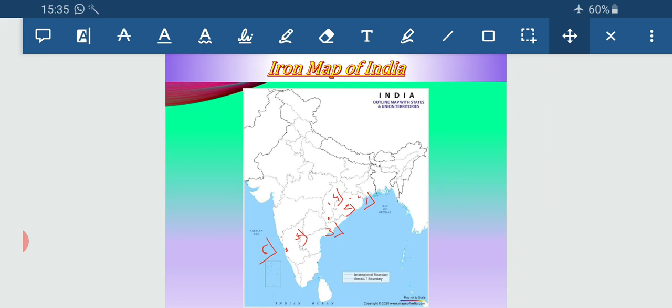Then in the central part of Chhattisgarh, plotting number 4, it is Durg. And then eastern Karnataka, plotting number 5, Bellary. And western Karnataka, plotting number 6, Kudremukh. So these are related to the iron map of India.